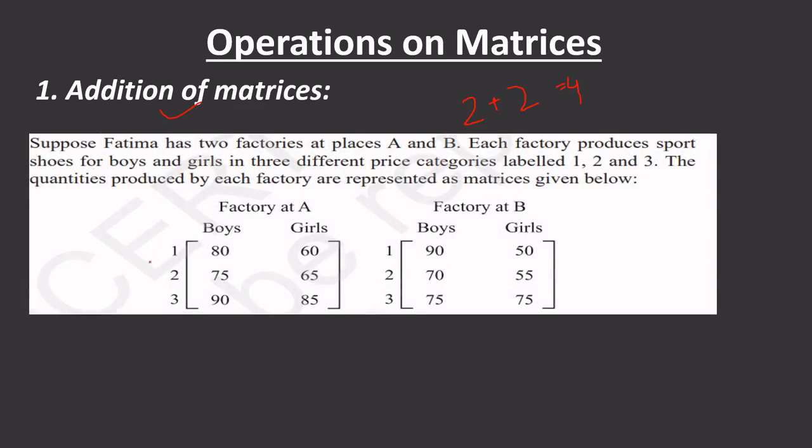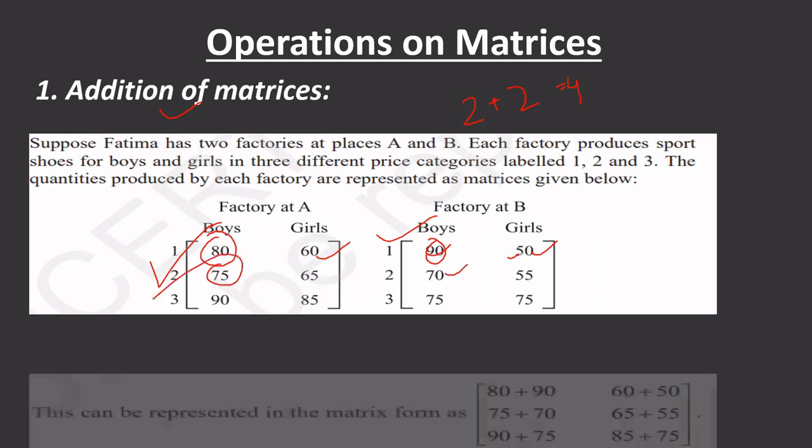This is our matrix A and this is our matrix B, with different data elements: 3 rows and 2 columns each. Now when we add them, only their corresponding elements are added. 80 is not added with 50. Only 80 is added with 90, 60 with 50, 75 with 70. Only corresponding elements will be added.